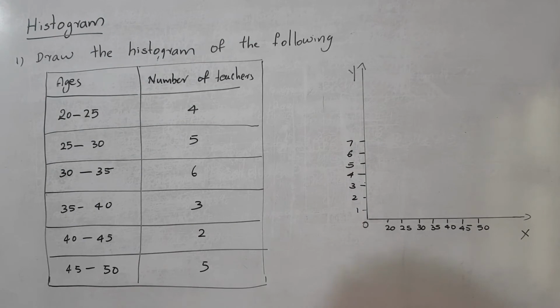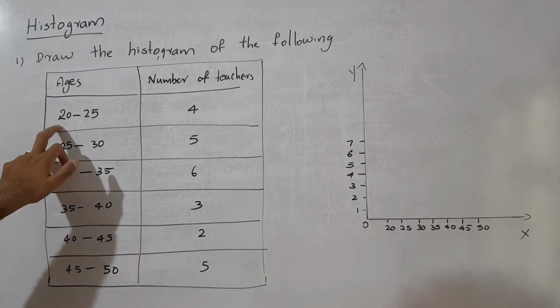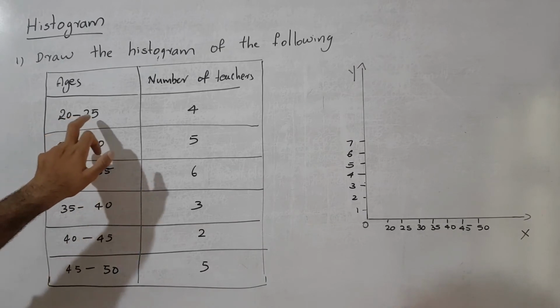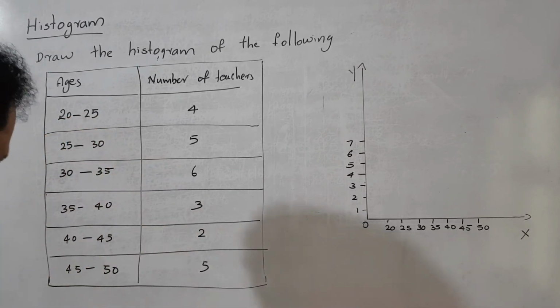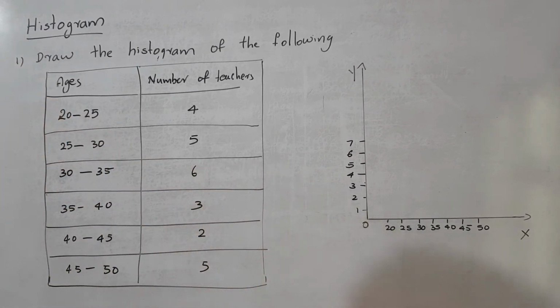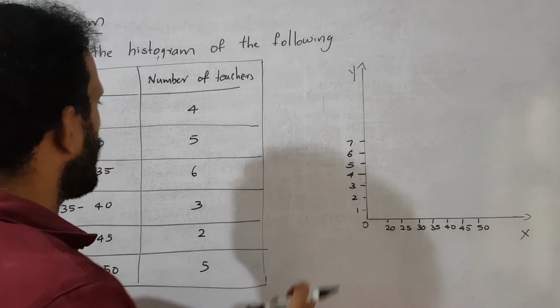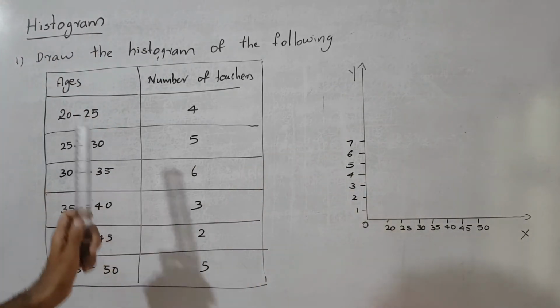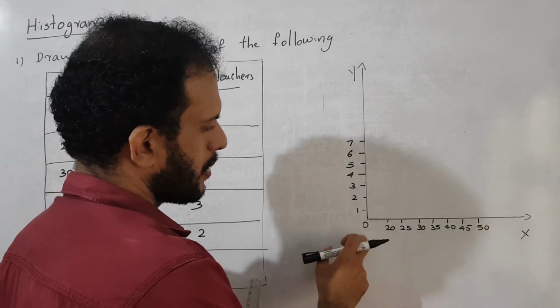Yes, how do we draw the bar graph, meaning the histogram? The first bar starts from 20 and ends at 25, correct? The graph does not start from 0, so where do we start? From 20. Then 0 is compulsory to write.